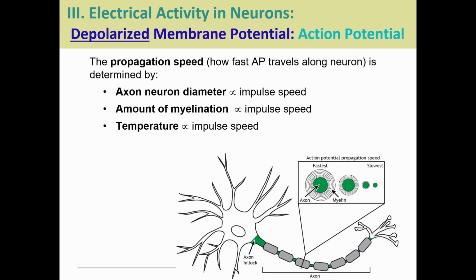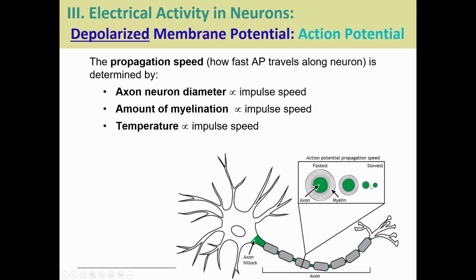Now, how fast this action potential travels along the neuron is called the propagation speed, and it's determined by a couple of things. The axon diameter. So we look over here, we see the diameter of the axon. That'll increase speed, so the bigger it is, the faster.